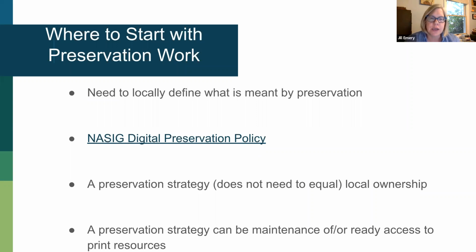NASIG has been working on drafting a digital preservation policy, and that might be a good place to start with indicating how you want to define preservation at your institution and what it means to you.